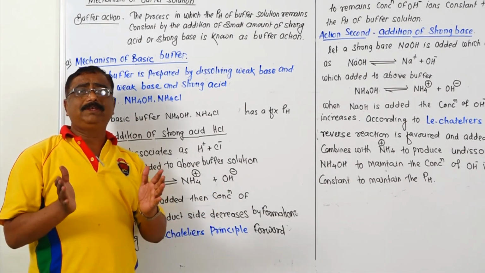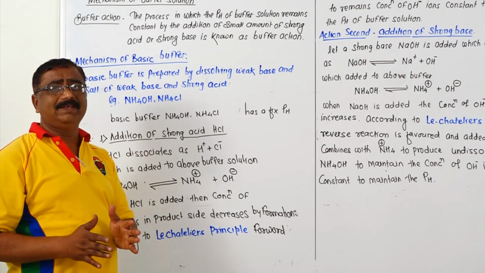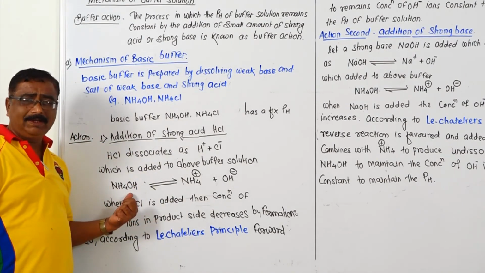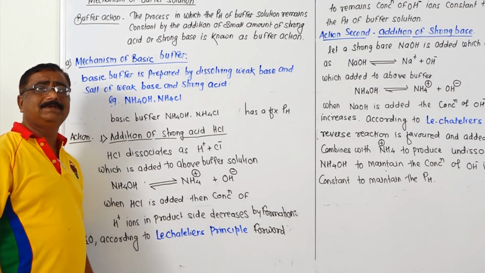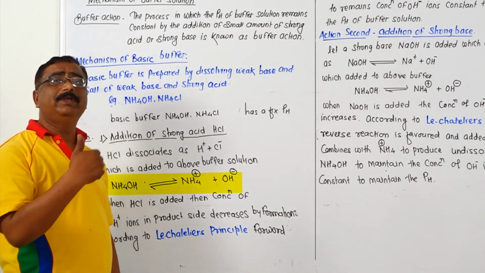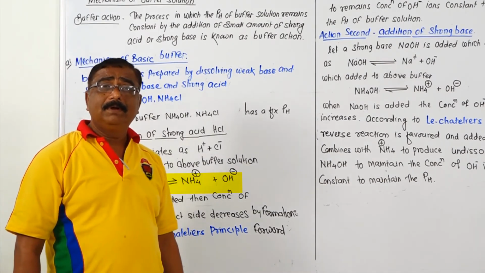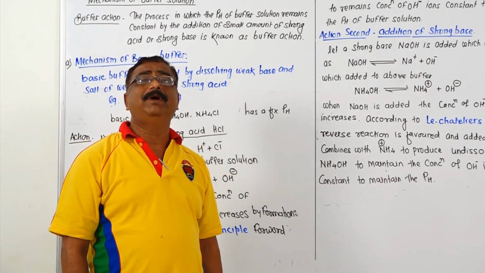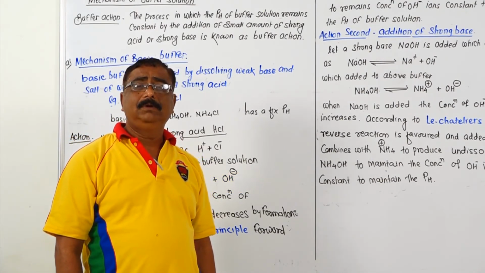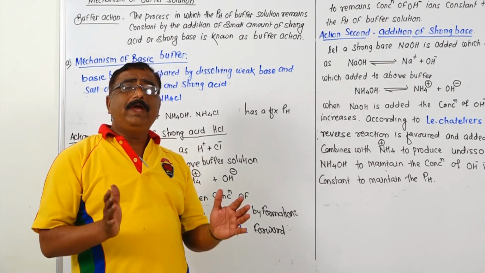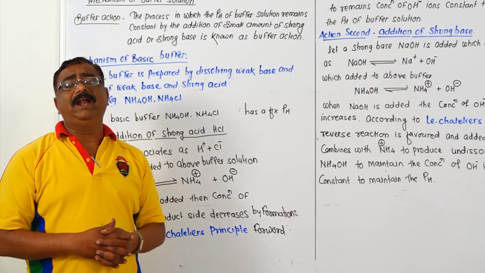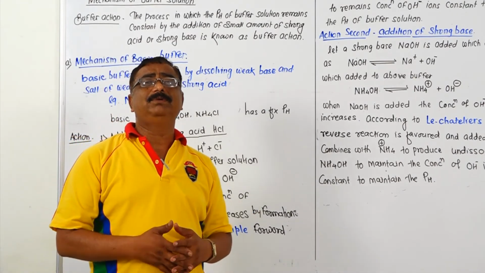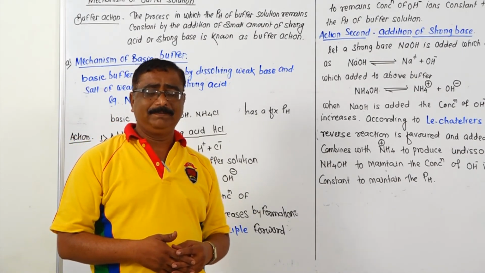So when this OH minus ion concentration decreases, this NH4OH again and again dissociates and produces NH4 plus and OH minus to keep the concentration of OH minus ion constant. तो OH minus ion का concentration constant हुआ, it indicates that pH of that buffer solution also remains constant.